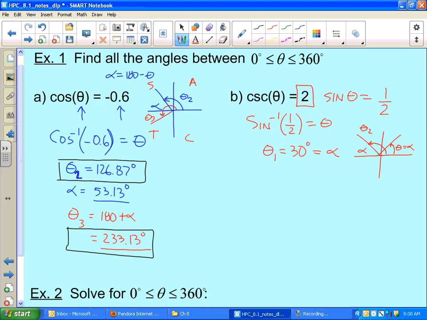And if we did that, we get theta 2 is equal to 180 minus 30, which is 150 degrees. So those would be our two angles that produce a cosecant value of 2.